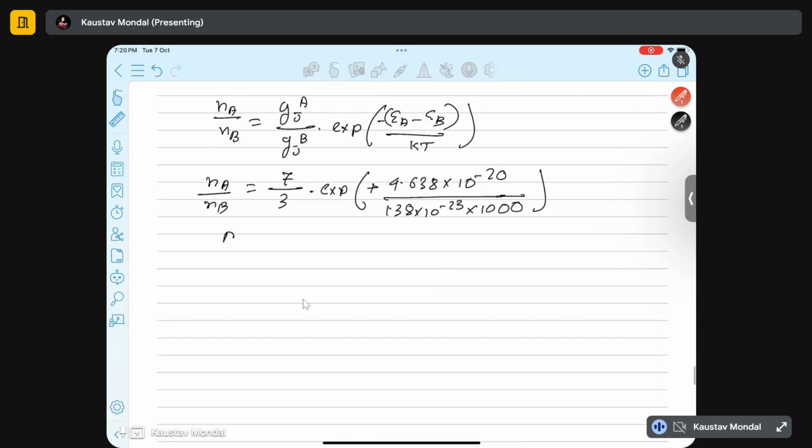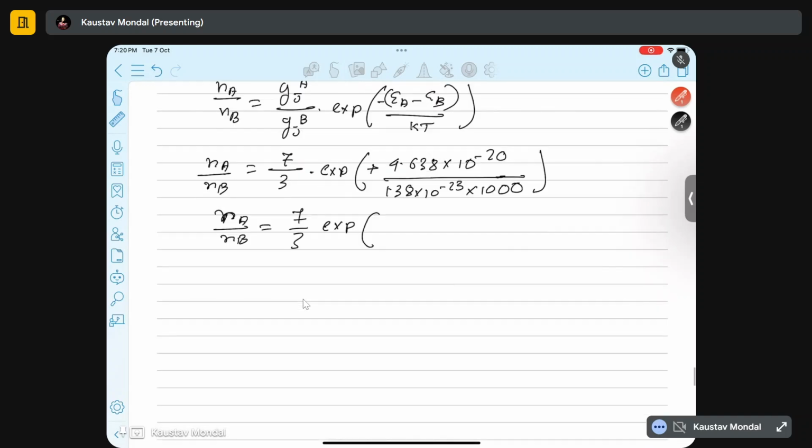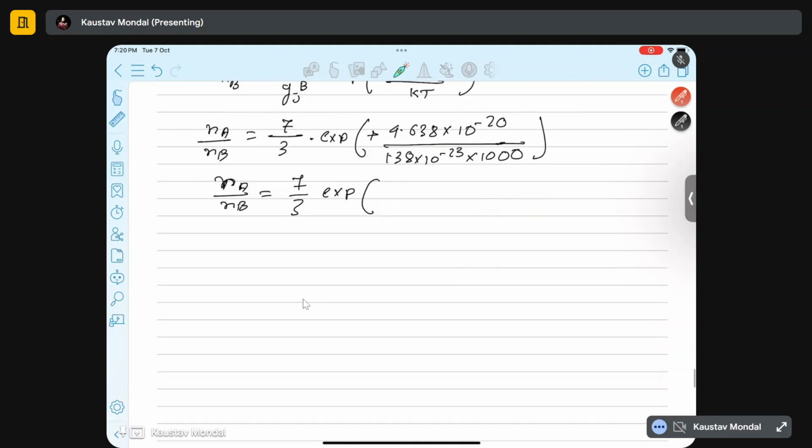If you do calculate this Na by Nb, it will give you 7 by 3 exponential. If we do this whole calculation inside, 4.638 into 10 to the minus 20, the whole thing divided by 1.38 into 10 to the minus 23 into 1000, this basically gives you 3.36.